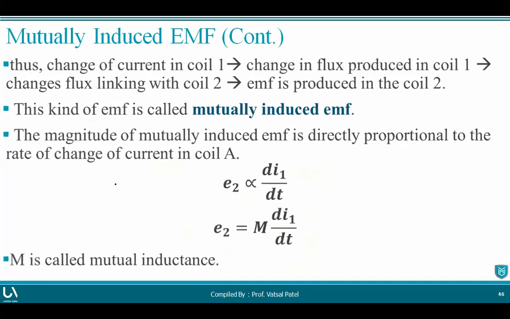Read the sentence first very carefully: the change of the current in coil 1, that means the change in the flux produced in coil 1, changes the flux linking with coil 2, and the EMF is going to be produced in coil 2. If you have current in coil 1, flux is produced in coil 1 and that will be linked with coil 2.